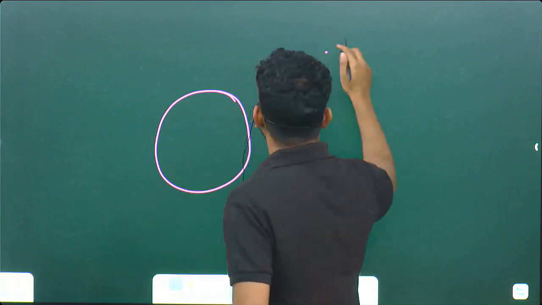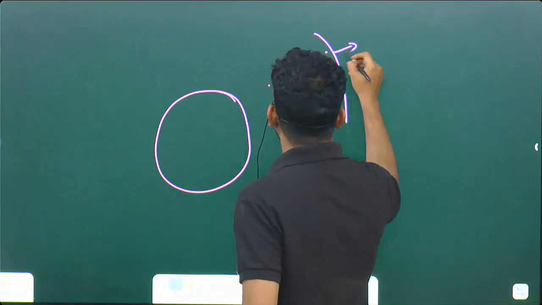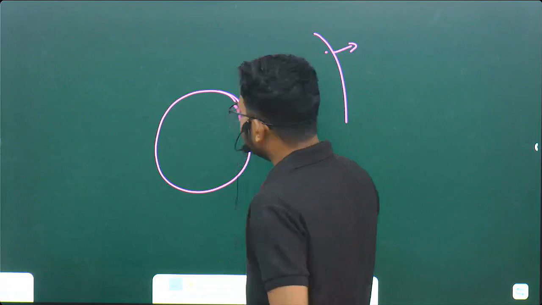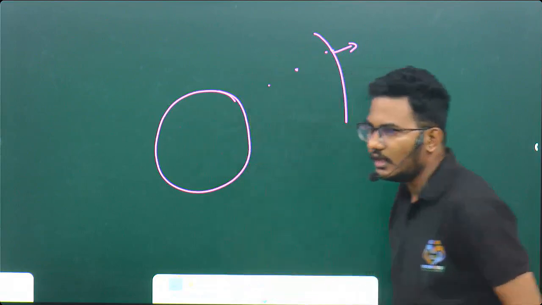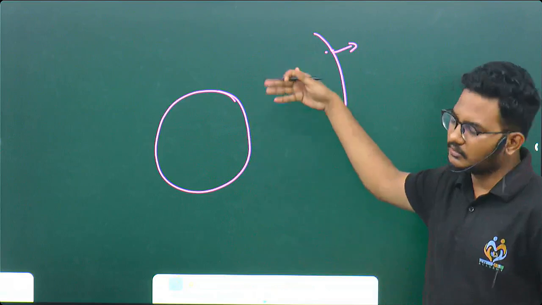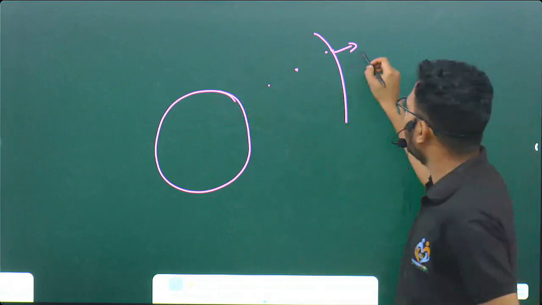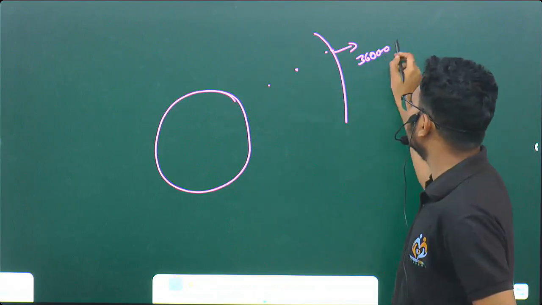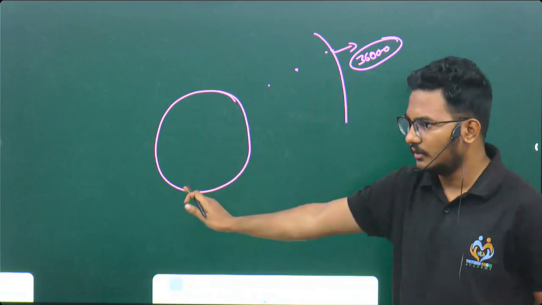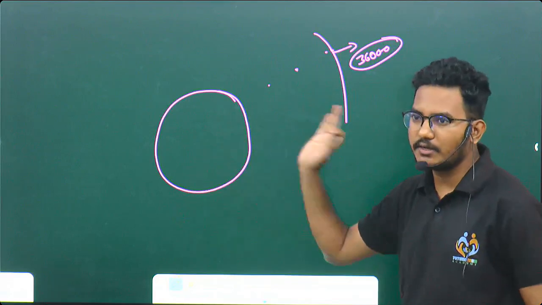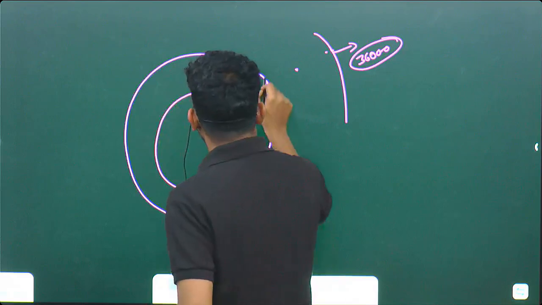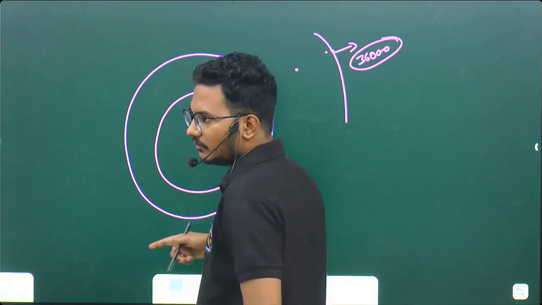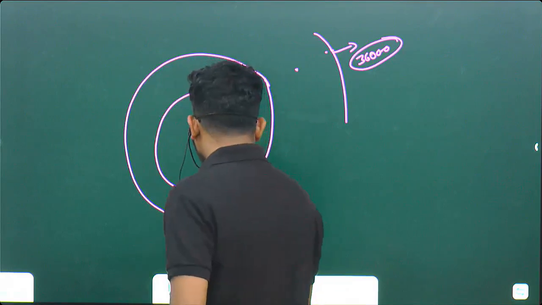The pull will be there till 36,000 kilometers, and after that we don't have this gravitational pull. But before that we'll have gravitational pull, and still the satellites will rotate around the Earth instead of falling down.